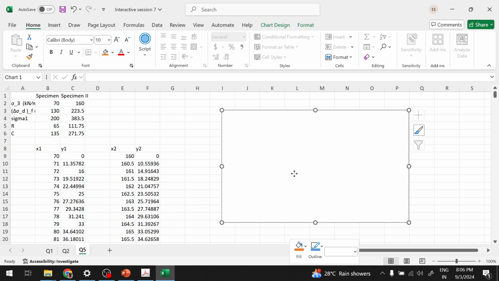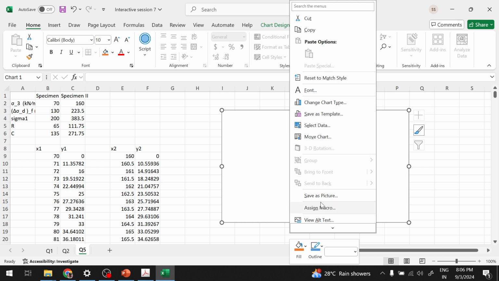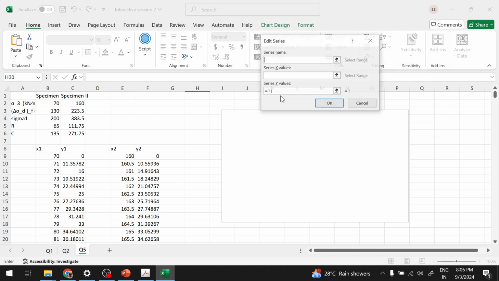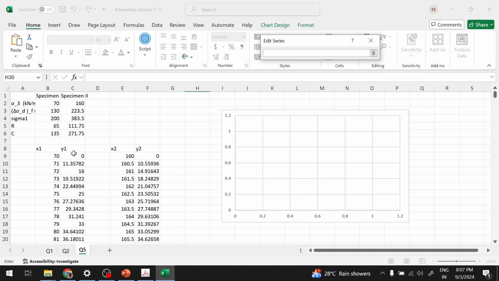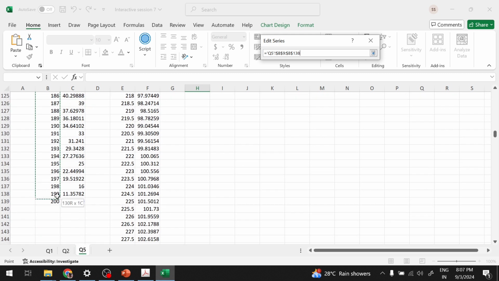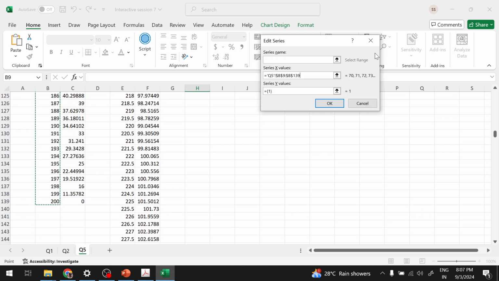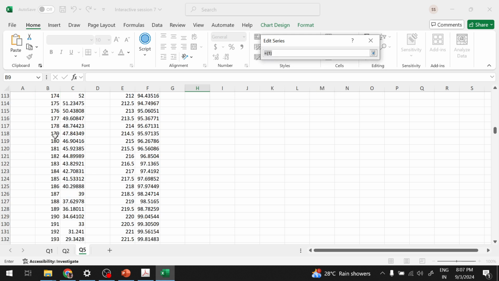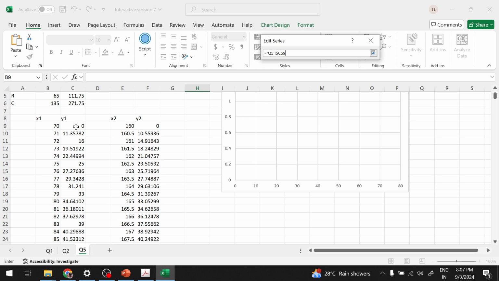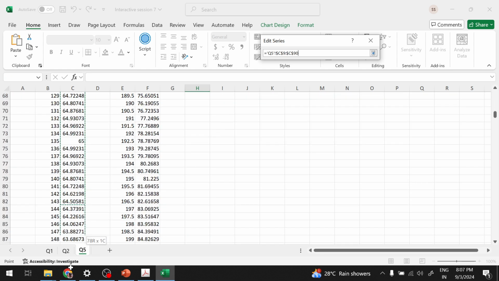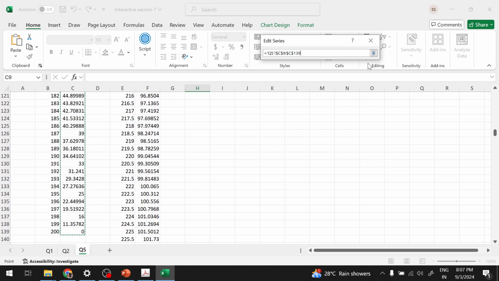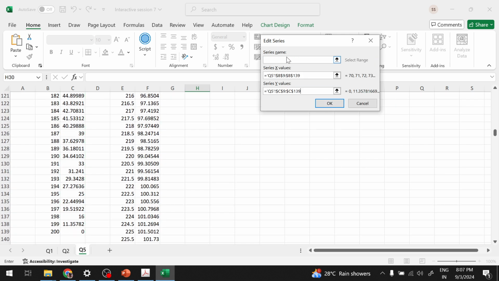Okay, now let us add some data. X value will be this, and the Y value will be this. This will be M1.